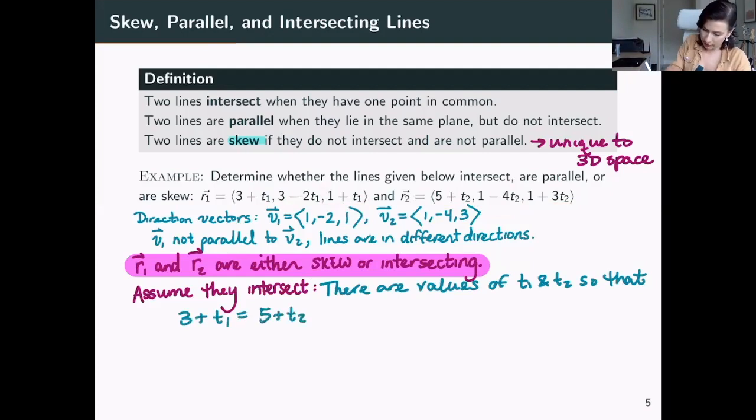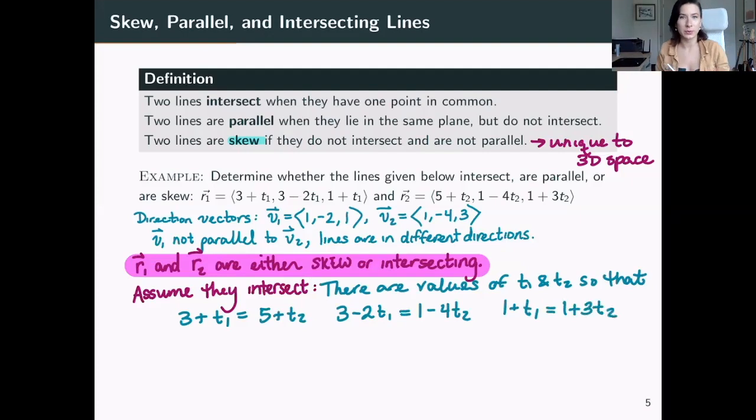I would have that 3 minus 2T1 would be equal to 1 minus 4T2. And finally, I would have that 1 plus T1 would be equal to 1 plus 3T2. If these two intersected, I would be able to have the components all be the same.